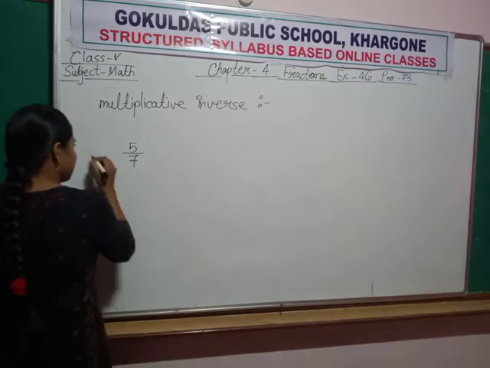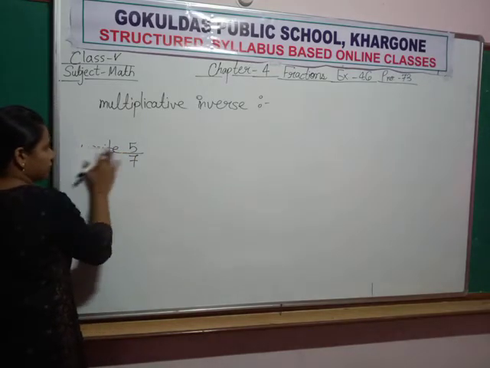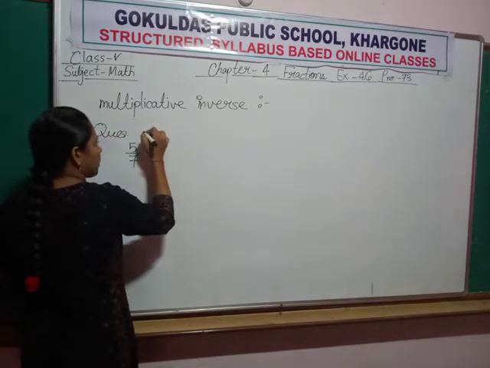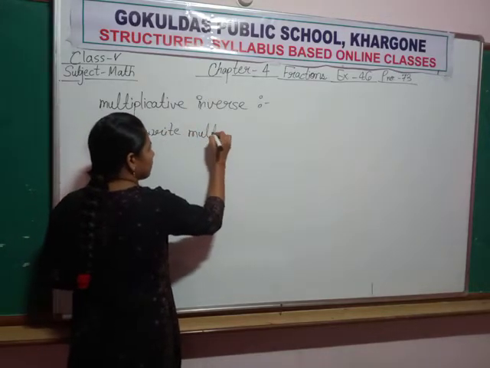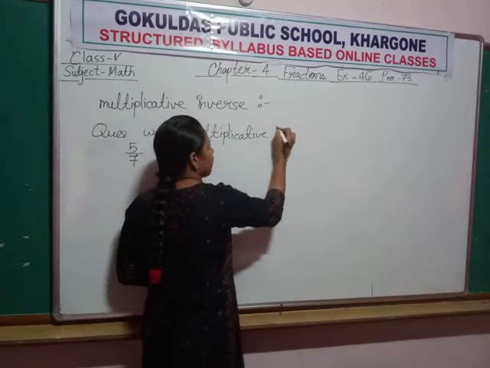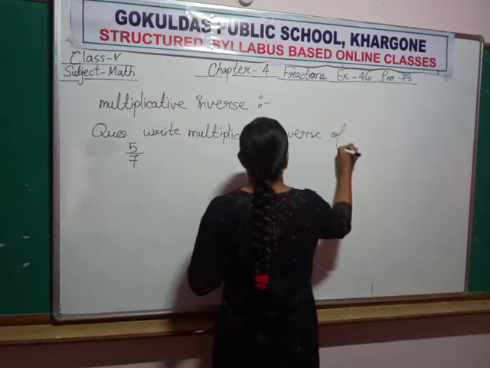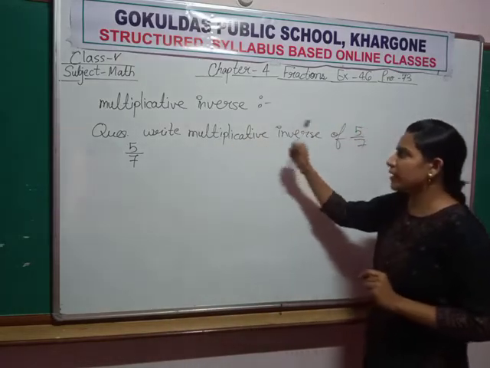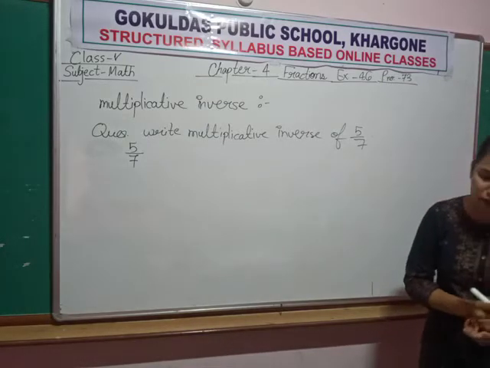Your task is to write the multiplicative inverse of 5/7. It is a question. So now what will you do?